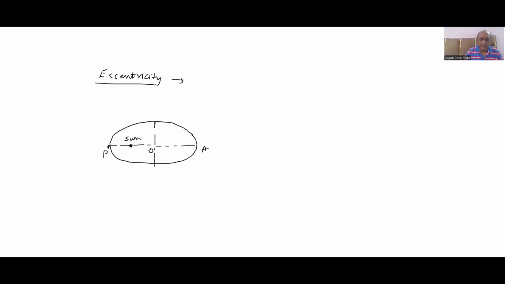The eccentricity is defined as the ratio of the distance of one focus from the center of the ellipse, which is suppose SO, divided by OP. OP here is the semi-major axis. Half of the major axis is the semi-major axis.